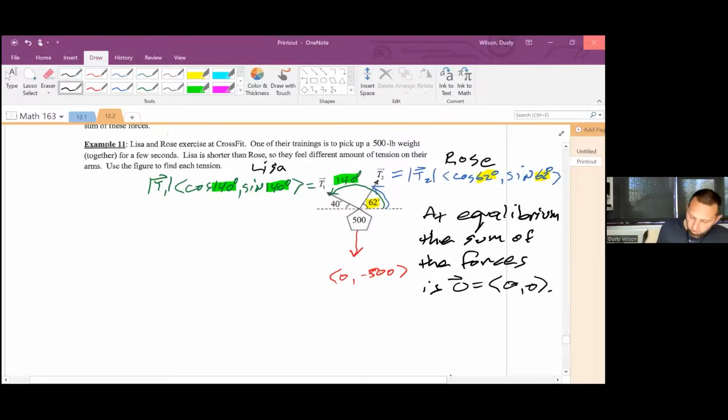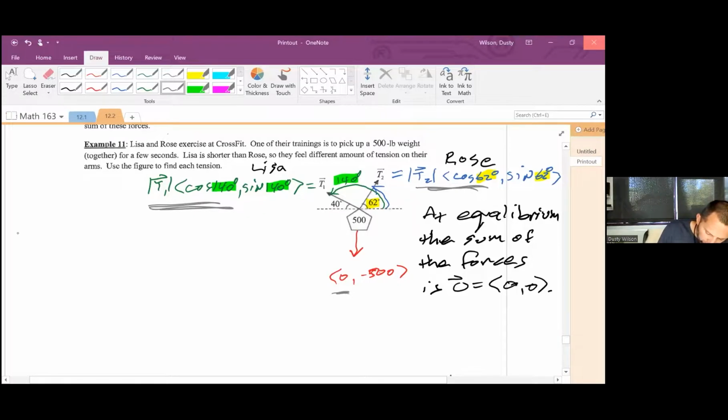Okay. So if we look at the x components, we have x, x, and x.